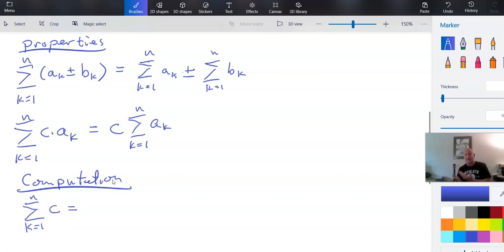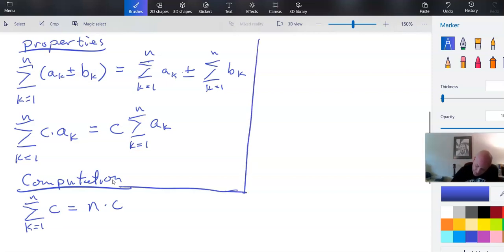That means there's nowhere to plug in k. So what you get is that constant over and over and over again. It ends up being n times that constant, right? Because it shows up n times. So there's our first computational formula. Well, I guess it's not our first because we actually derived the other one.